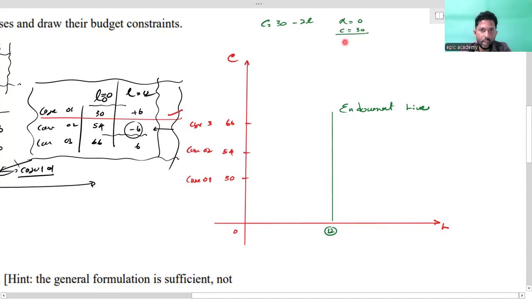In the next one, we are going to assume that C equals 0. Then what happened to the L? That means 0 equals 30 minus 2L. So 2L equals 30, L equals 30 divided by 2. L becomes 15.